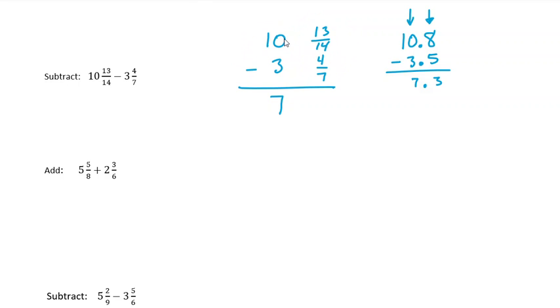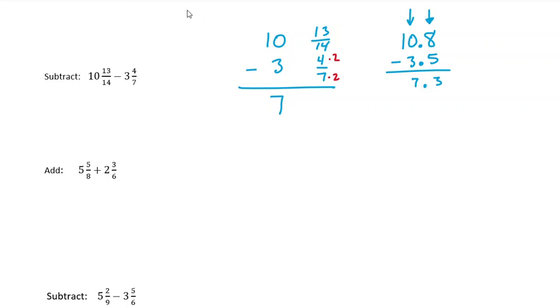Okay. So in order to do the subtraction here, the 13/14 and the 4/7 have to have the same denominator. So I'm going to multiply the 7 by 2 to make it 14, and then multiply the top by 2 as well.